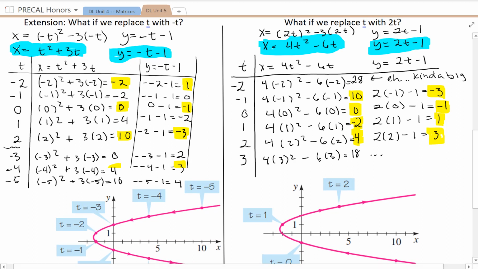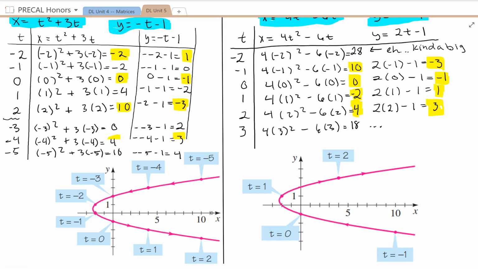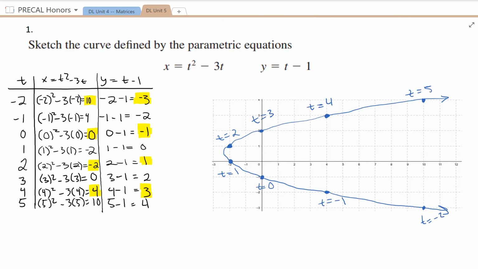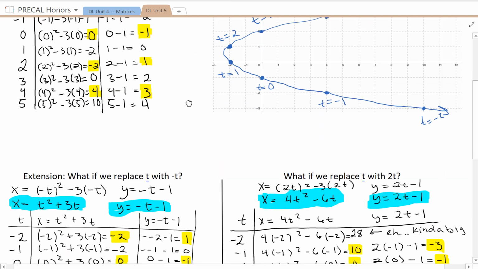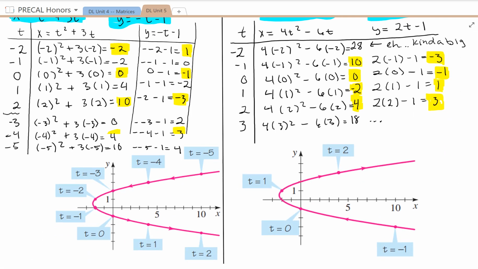In the first one, it actually has all the same points as the one we did above. I've highlighted the points that the original parametric curve shares with the two new ones. Same points, except the smallest value of t that I plugged in was -5.